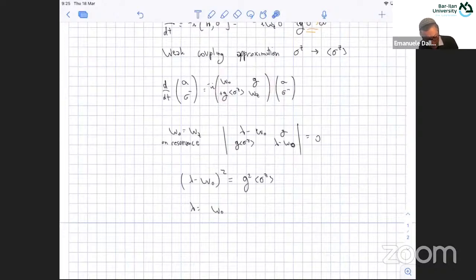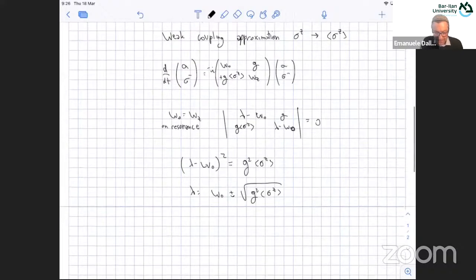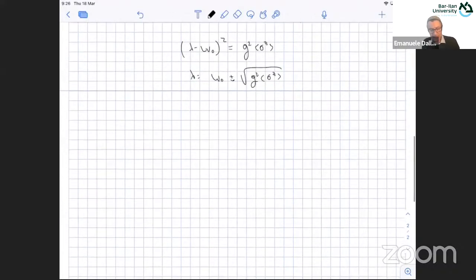So the eigenvalue is going to be omega 0 plus square root of G squared sigma Z. I just took the square root from both sides, maybe a plus minus if you want, and then I moved the terms. Makes sense. The faces I see are nodding, so that's a good sign.